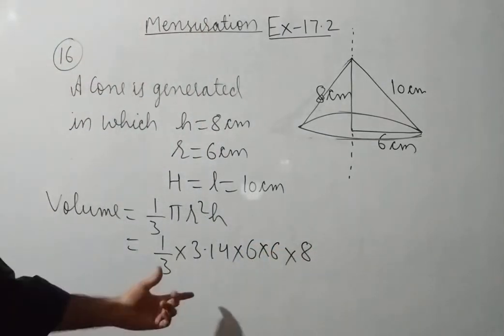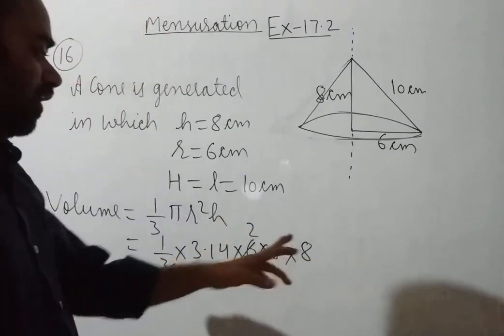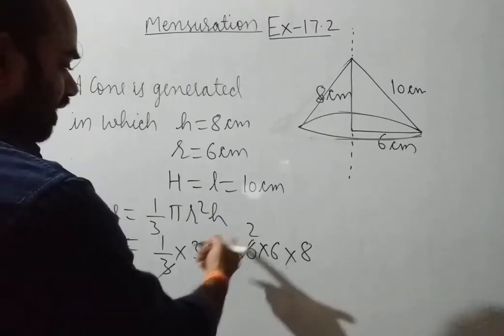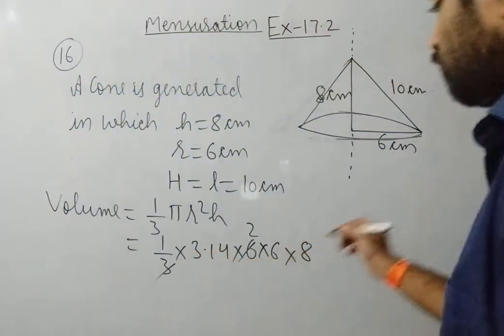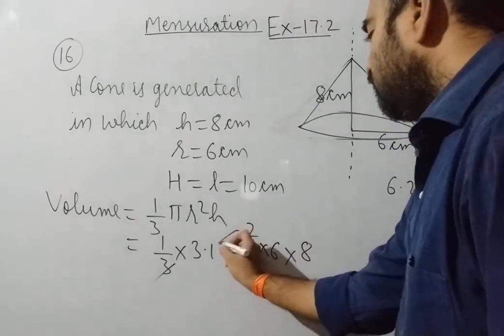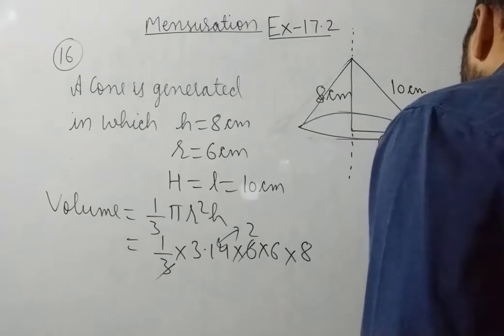Correct? So this will be 3 into 2, so 12 into 8, 96. Or you can take this 3.14 into 2, that is 6.28. These two, 6 into 8, 48, multiply.